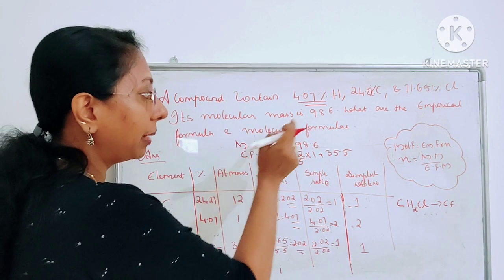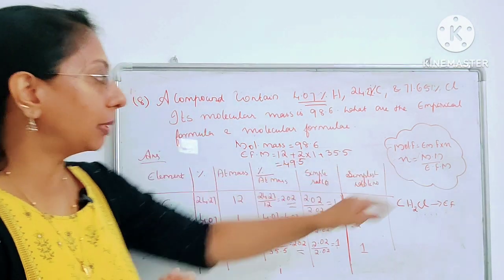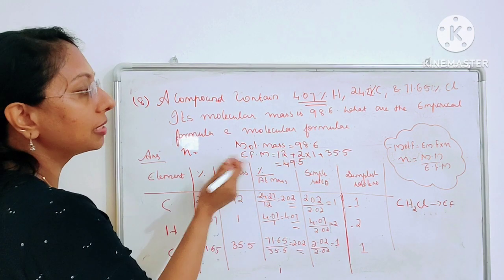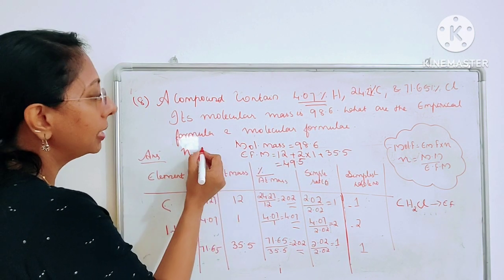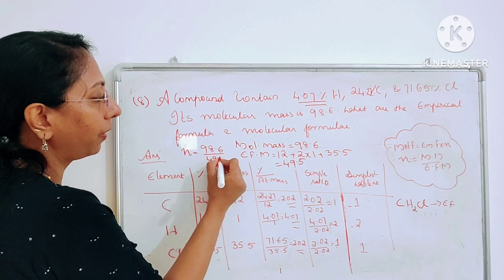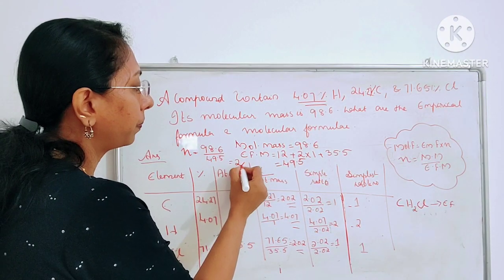Now we have the molecular mass and the empirical formula mass, and we have to determine n. n is equal to molecular mass divided by empirical formula mass, that is 98.6 divided by 49.5. This is 1.9999, so we can take it as 2.